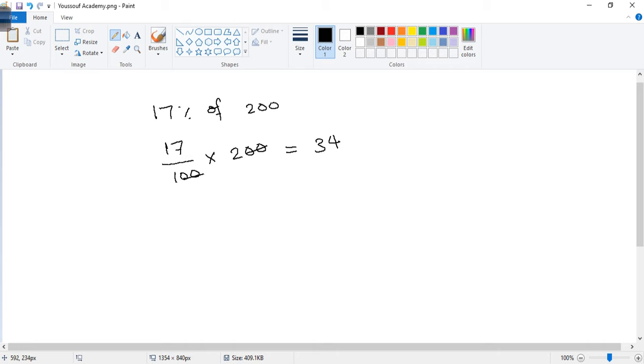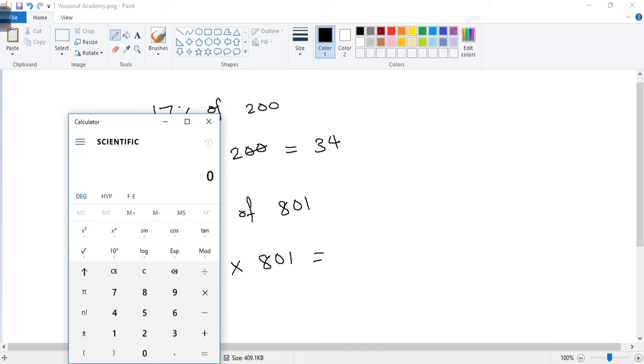If he asks find 73% of 801, it is the same: 73 over 100 times 801. We use the calculator.